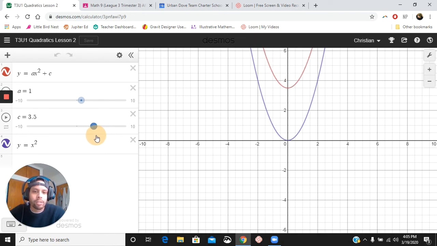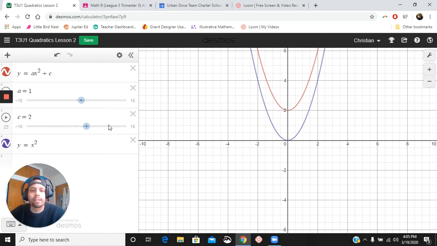Okay, so we call that the y-intercept. It's the point where the graph of a quadratic function is cutting or intercepting the y-axis, right? This vertical line at the center of the graph, the y-axis, this is where the parabola is cutting the y-axis. We call it the y-intercept.